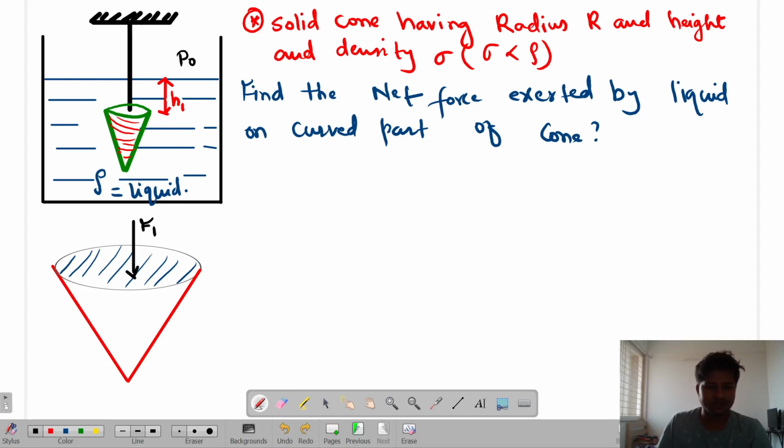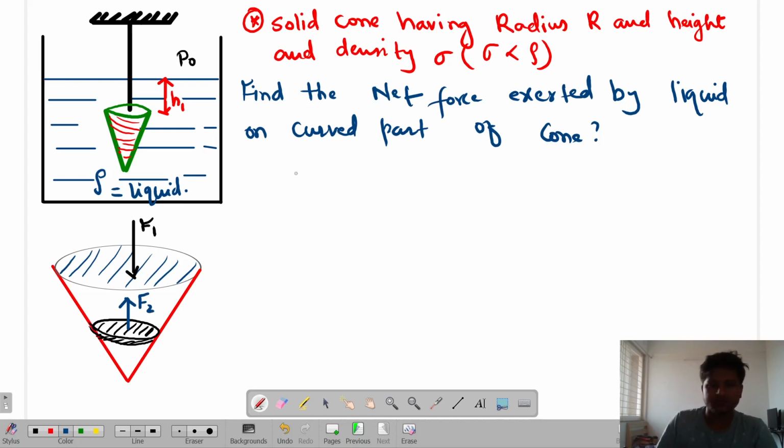So if I consider an imaginary circular surface over here, F1, F2, which is from all the parts of the cone due to these normals, this is going to be my F2.